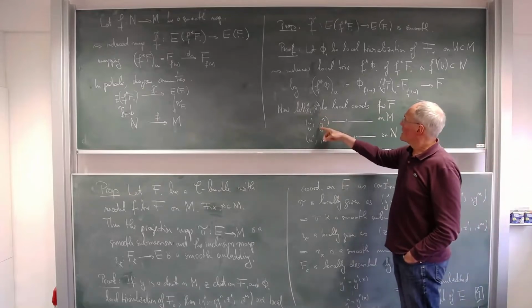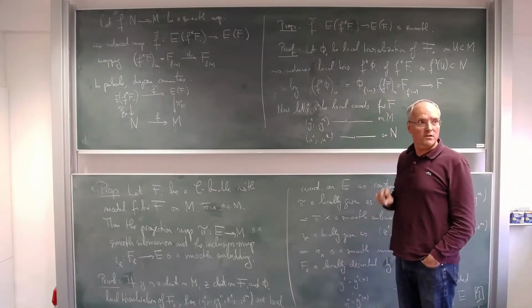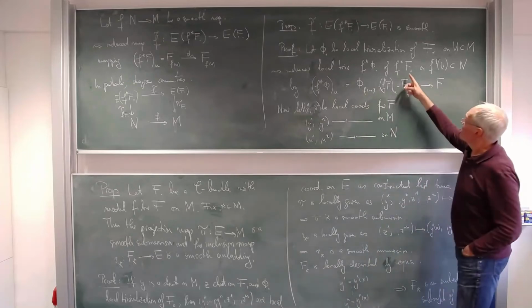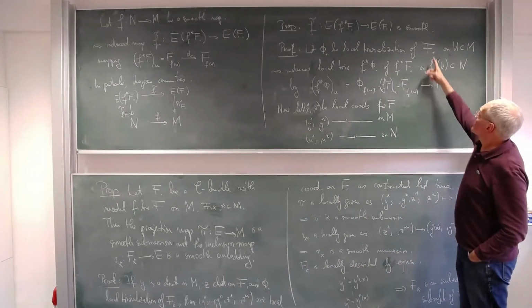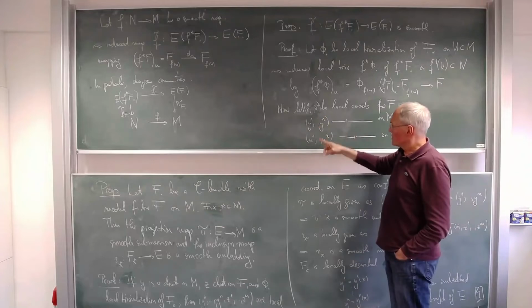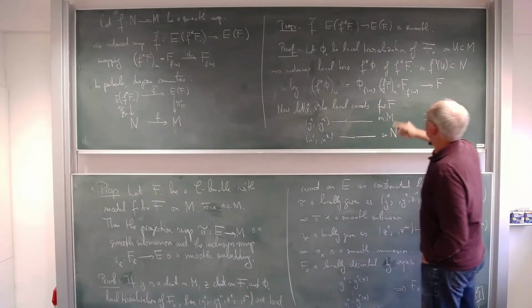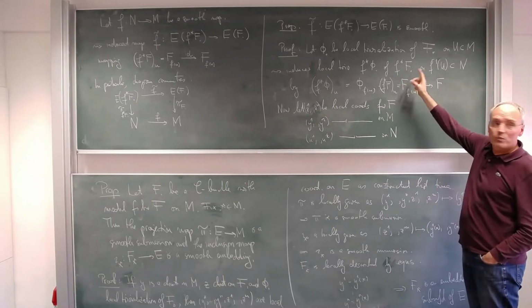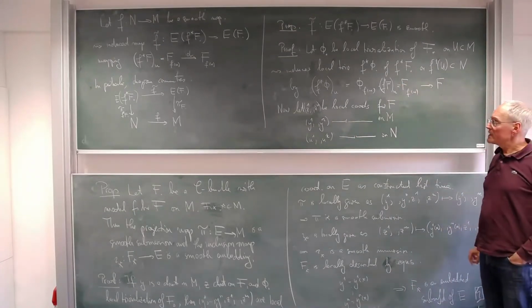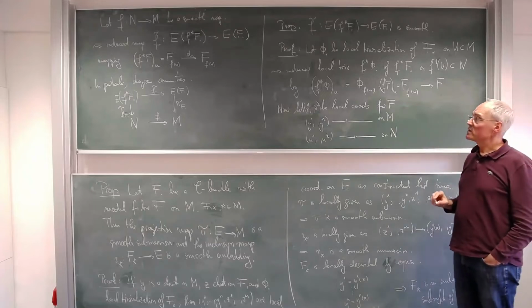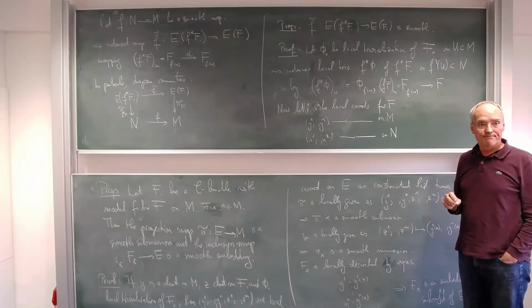Z, y, and phi induce coordinates on the total space of F, and Z, u, and the pullback trivialization induce coordinates on the total space of the pullback bundle. And now let's see how this map F tilde looks in these two coordinate systems.